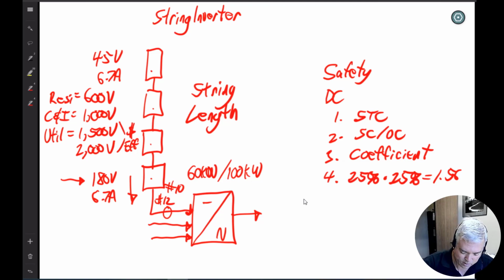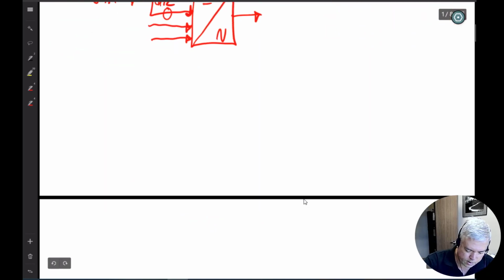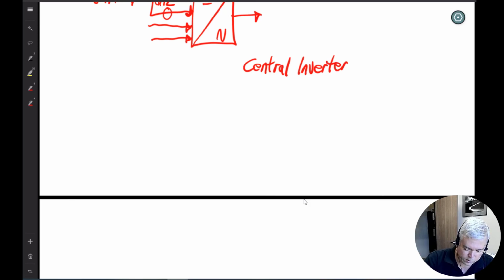The third common style is a central inverter. And central inverters, we used to call them megawatt in a box. You can get them any size, megawatt, 2 megawatts, 3 megawatts, and so forth.